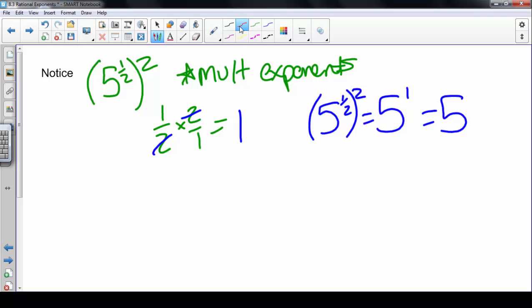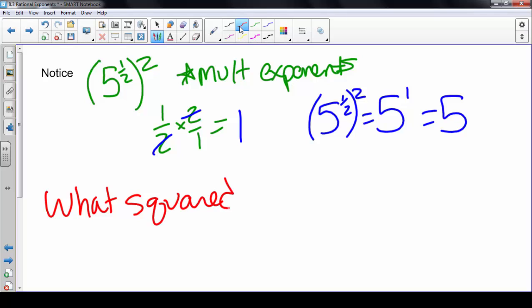And now let's think about what squared is 5. Well, the only answer to that is the square root of 5.